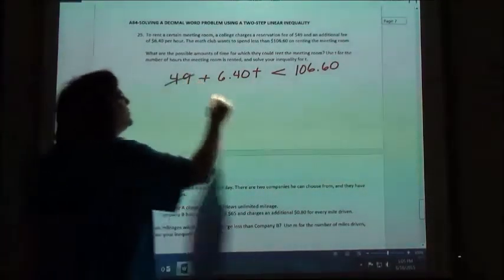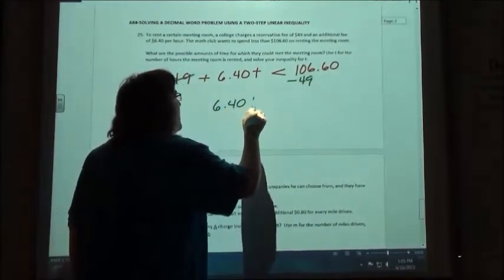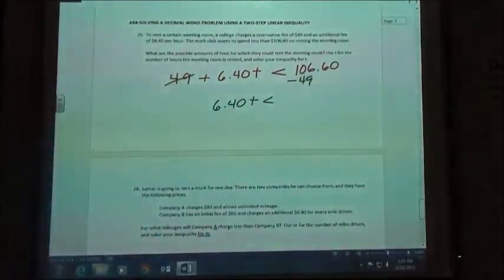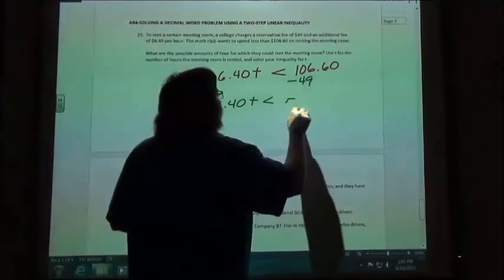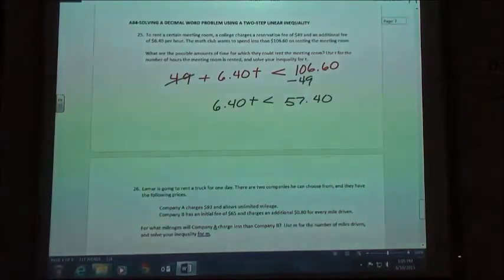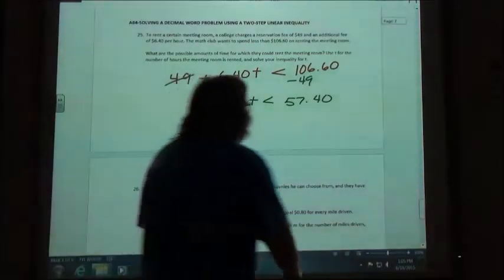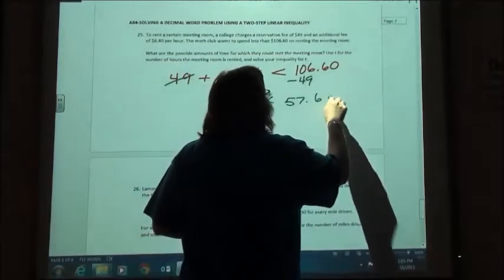So we're going to start by subtracting our 49. I'm going to let you subtract that for me. 106.60 minus 49 would be 57.60.